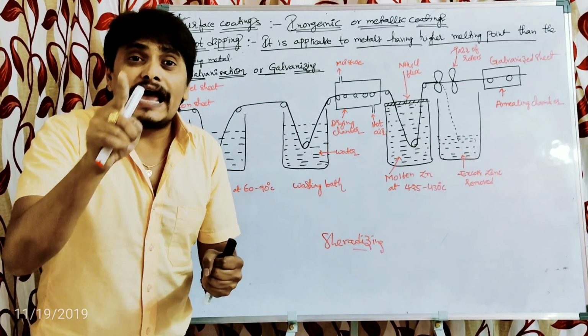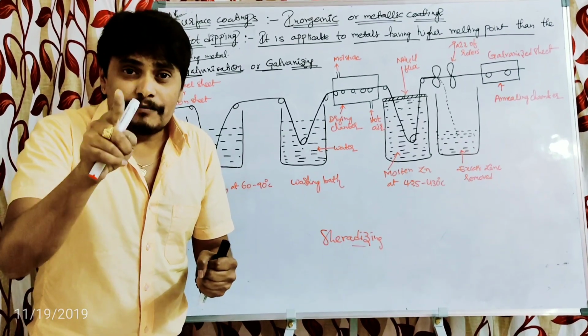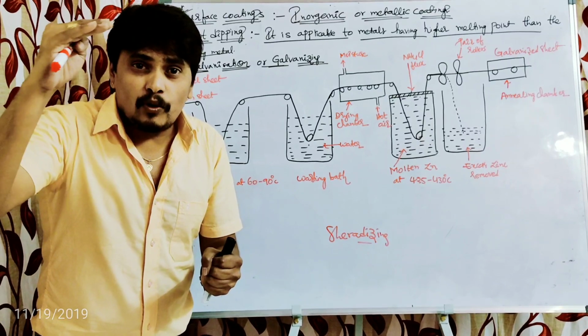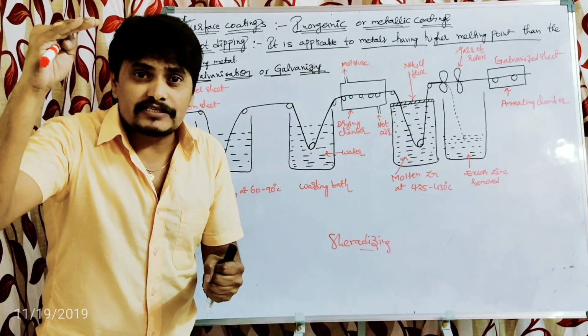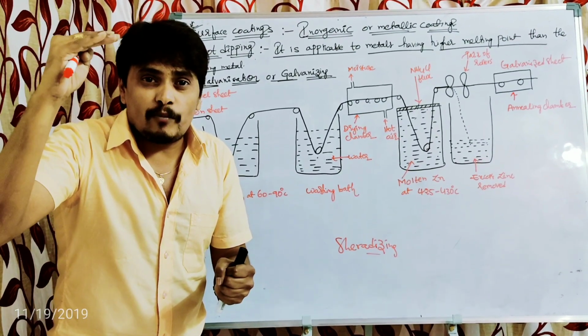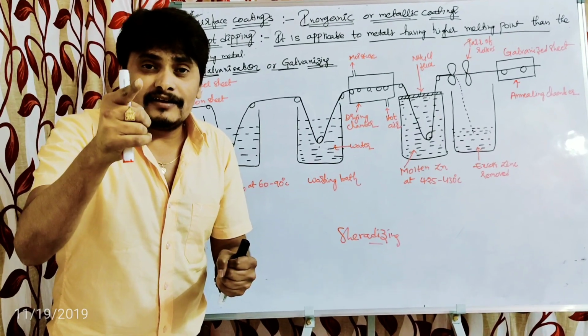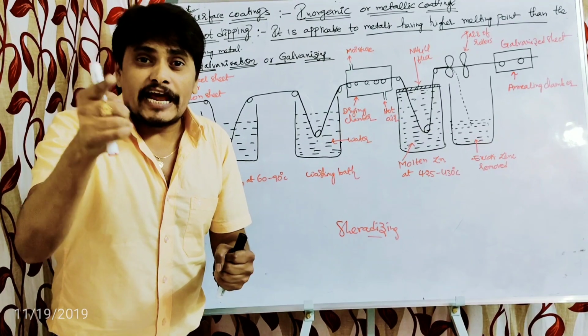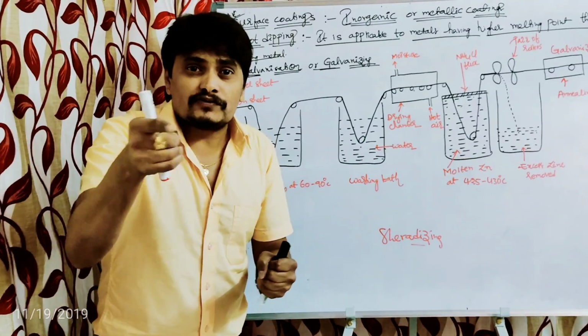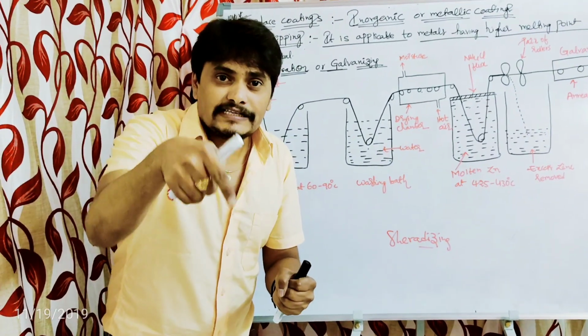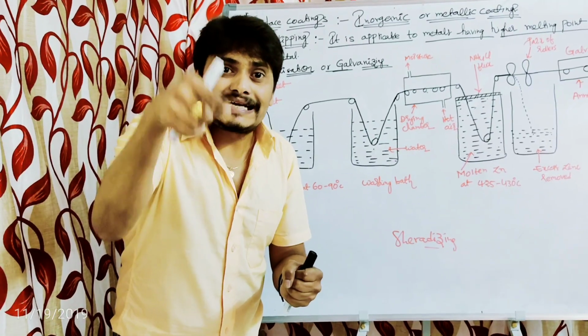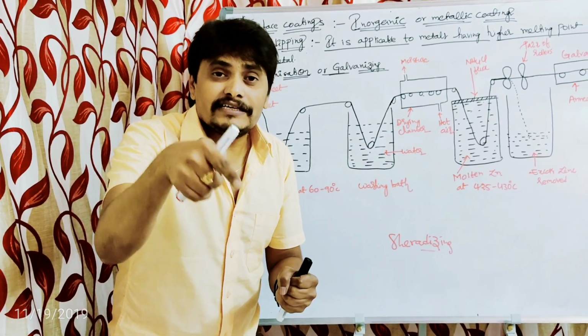Why? Because iron is also above hydrogen in the electrochemical series, so it can also undergo dissolution. That is, 10% of sulfuric acid molecules will dissolve inside the iron sheet or steel sheet.